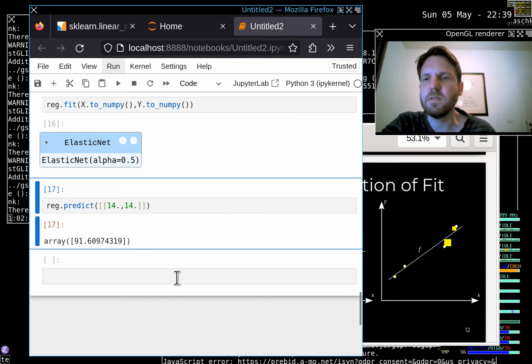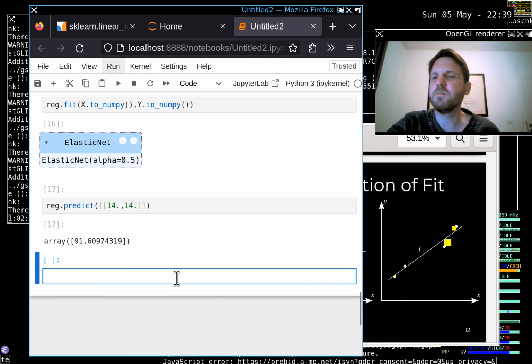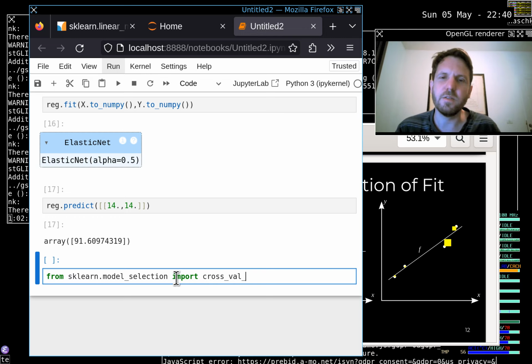So how can we perform this? We use scikit-learn, and we need to import a lot of things. From model selection, import, what do we need? We need the cross-val score. You already know this from the classification story.